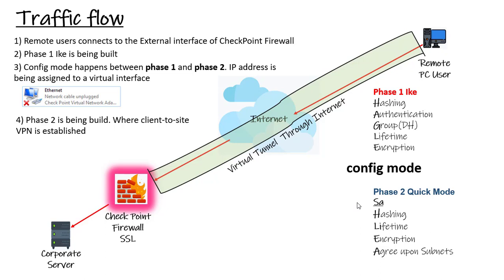Apart from agreeing on subnets, we have to agree also on hashing, on the lifetime, how long this second phase of the tunnel will live, and also upon the encryption, what type of encryption will be used for that communication.